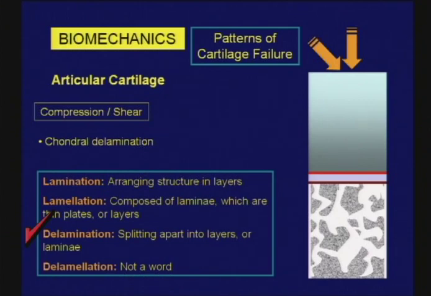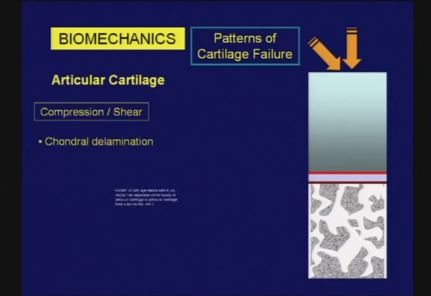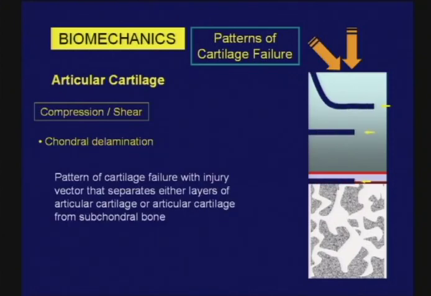And one of the reasons they have difficulty when they analyze cartilage, I've already shown you. These are curving structures as opposed to longitudinal collagen fibers in tendons and in ligaments. So chondral delamination is a pattern of cartilage failure with an injury vector that separates either layers of articular cartilage, the collagen, or articular cartilage from subchondral bone.